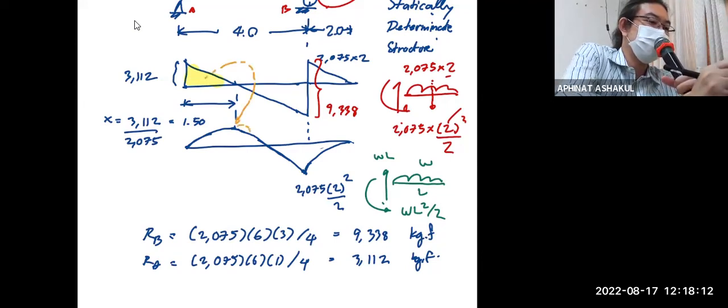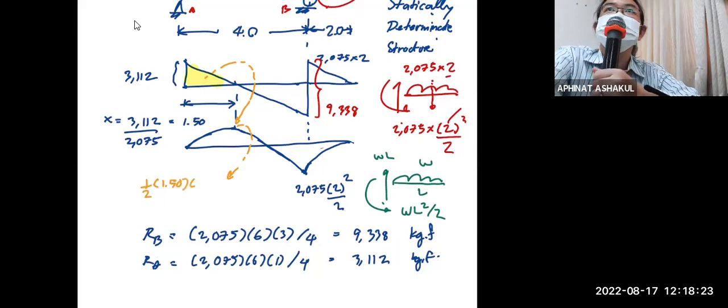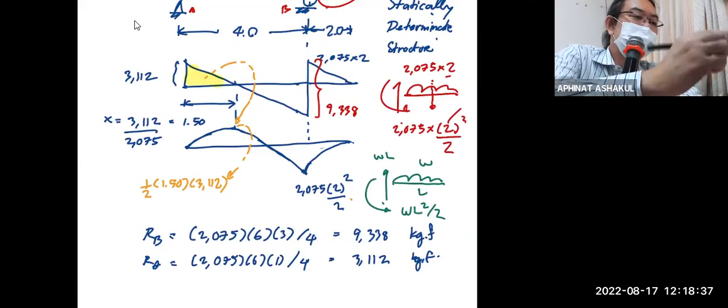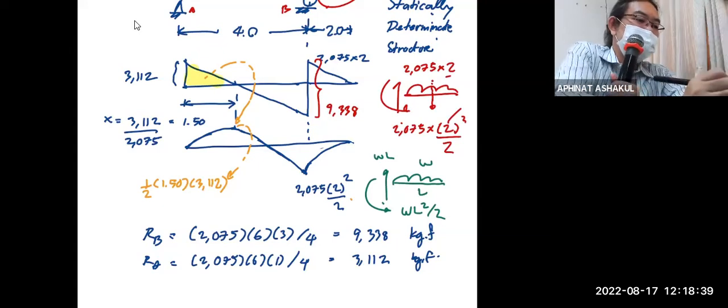That area is equal to a half of 1.5 multiplied by 3112. So this is like the review of the material. You can easily obtain the maximum positive moment. You can easily obtain the maximum negative moment. But you better be able to do this as well in the future.